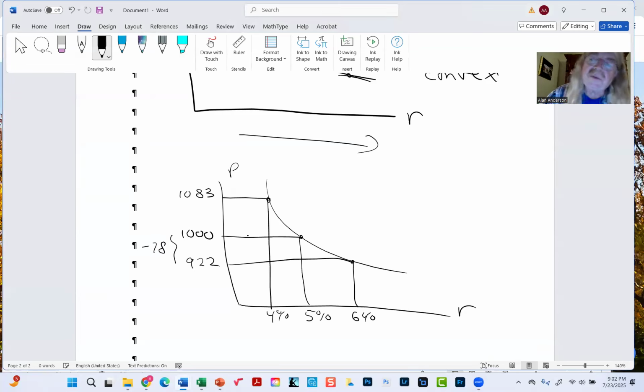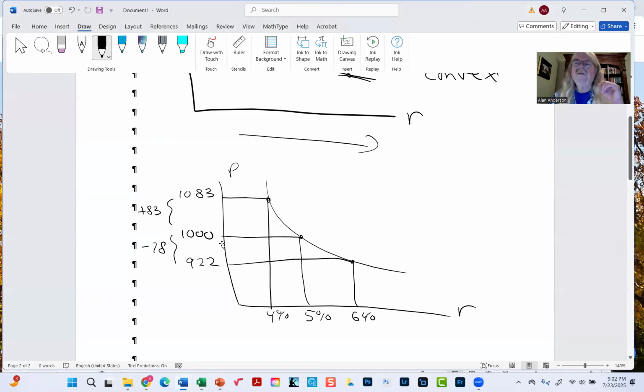But when the yield drops by 1%, the price of the bond goes up by $83. So that's because of the convexity of this curve. If this was a linear relationship, then of course, for the same change in yield, the price change would also be the same. So convexity does work in favor of the investor in this bond. But it does more than that.